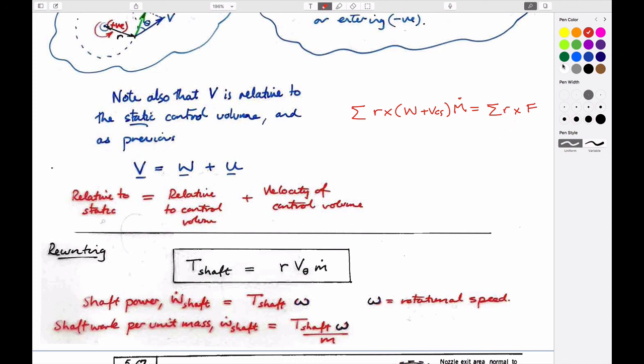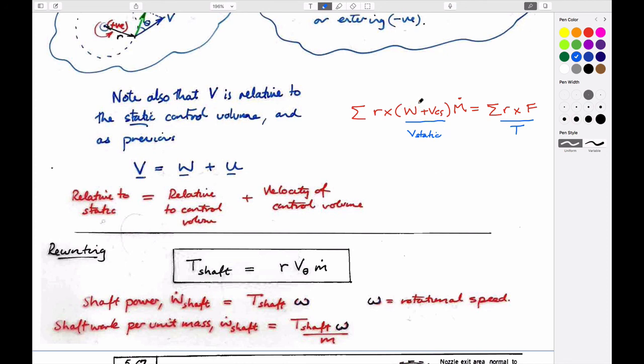And so this term here represents the torque that's applied to a system. This represents the velocity to a static observer.